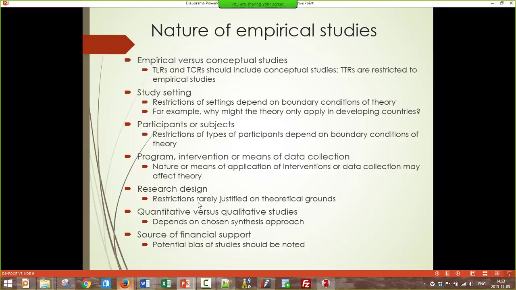Then another matter is the source of financial support. This idea comes mainly from medical research, where sometimes the researcher is paid by someone. It's paid by a company, paid by an organization to do this research. And if they're paid to do this research, typically their results will show that organization in a more positive light, or the results would more likely say what that organization wants them to say.